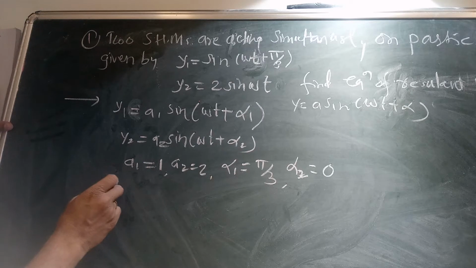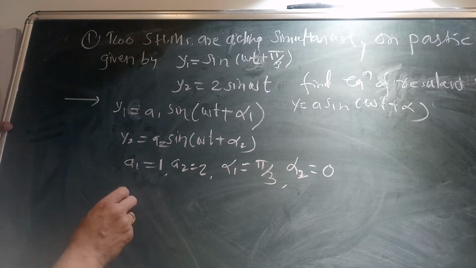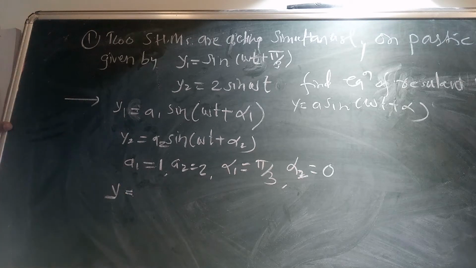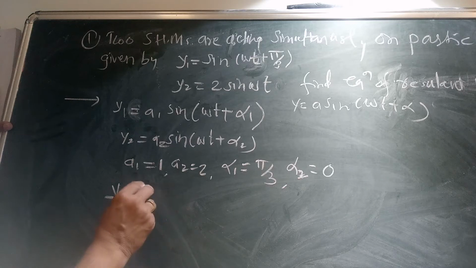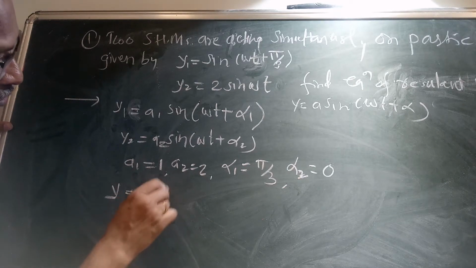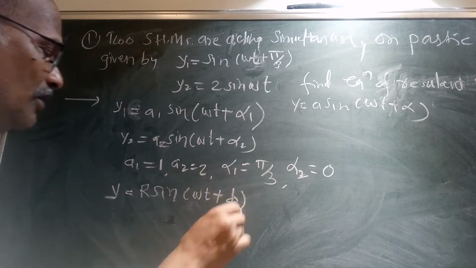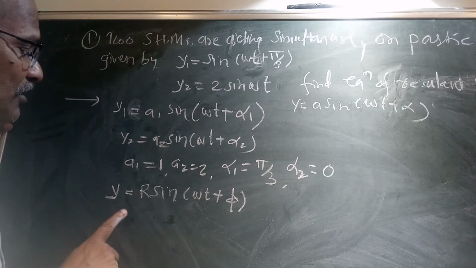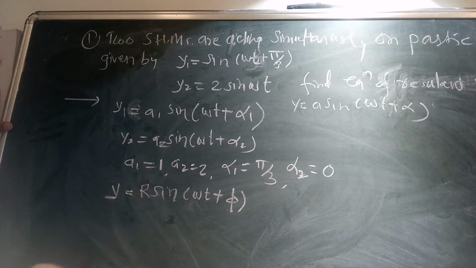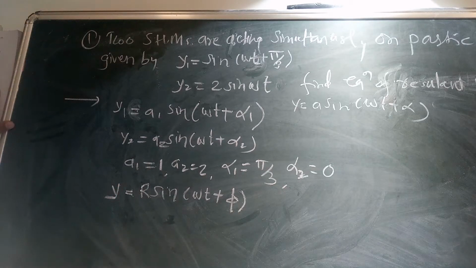So the resultant vibration is given by y equal to y1 plus y2, and the resultant is R into sine of omega t plus phi. This is the resultant of y1 and y2, with R the amplitude and phi the phase.